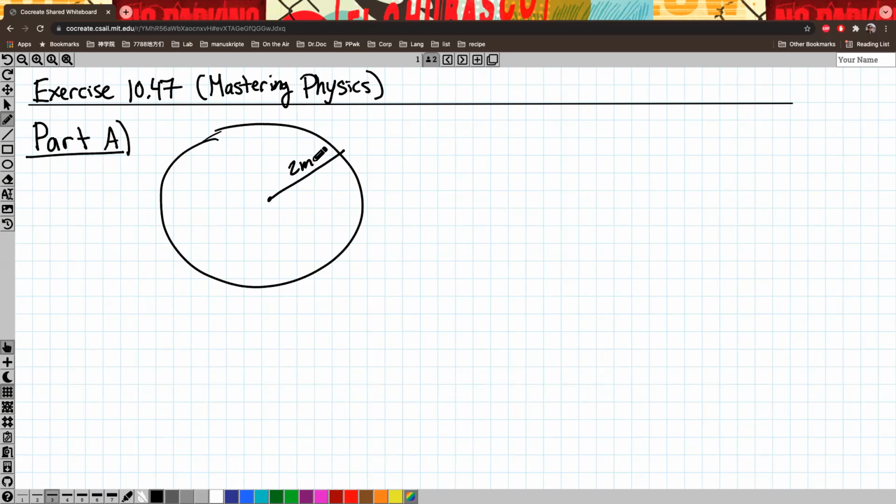Total mass 1.20 times 10 to the 2 kilograms. Initially rotating at 3.30 radians per second about a vertical axis through the center.